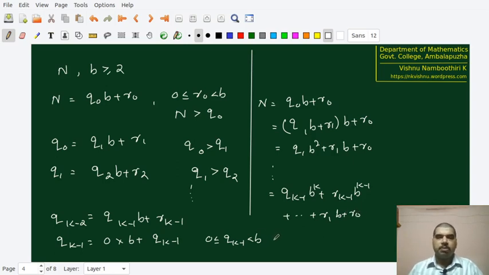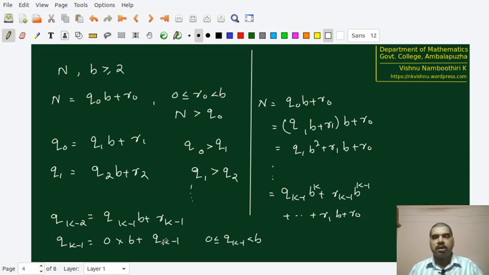Therefore, qk minus 1, we have already made sure that that is less than b. Therefore, the base b representation is qk minus 1 b^k plus rk minus 1 b^(k minus 1) plus etc. r1 b plus r naught. Just observe what these r naught, r1, r2, etc. are. r naught is the first remainder, r1 is the second remainder, etc. rk minus 1 is the second last remainder, and qk minus 1 is the last remainder.